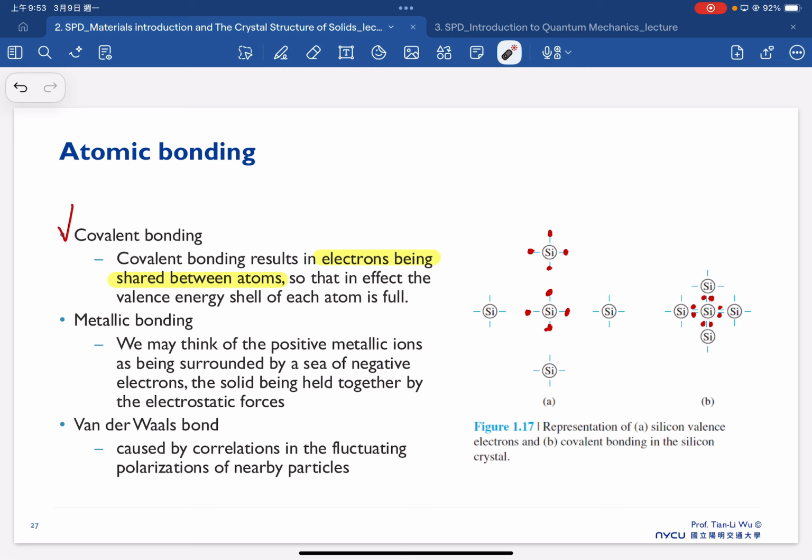It's mainly due to the polarization from the nearby particles. But in general semiconductor device physics, we mainly consider the covalent bonding, because that's most often seen in most silicon-based semiconductor materials.